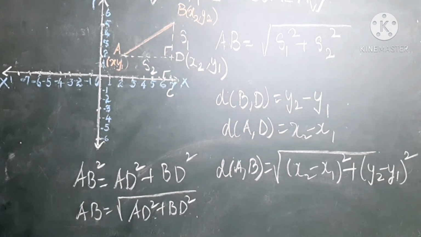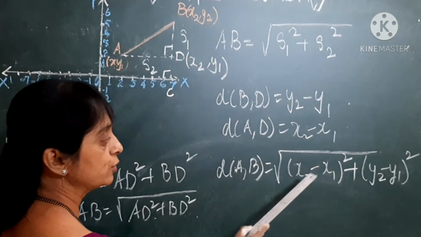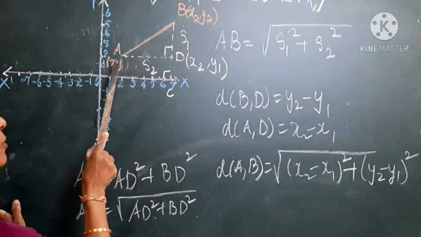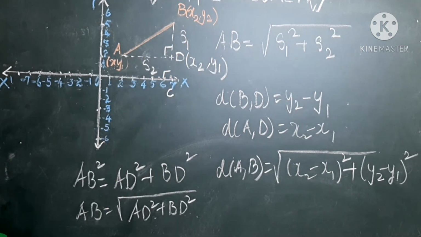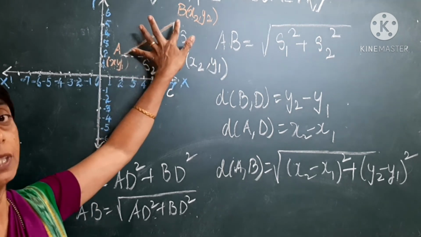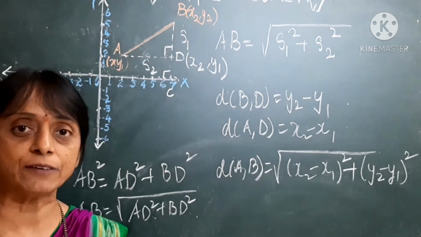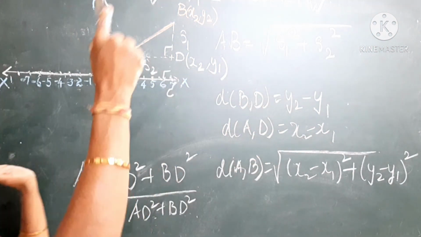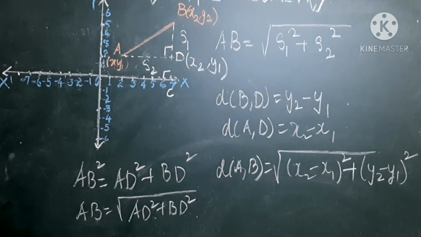To simplify it, square root of x2 minus x1 the whole square plus y2 minus y1 the whole square. This will give us the distance between the two endpoints of that given segment, whether the points are lying in the same quadrant or in different quadrants.